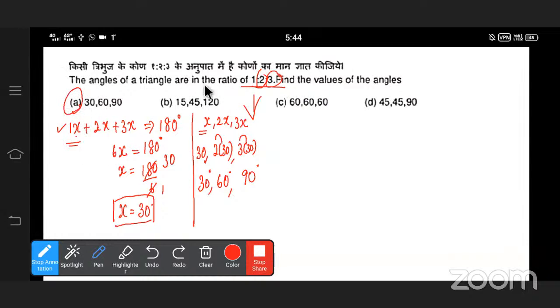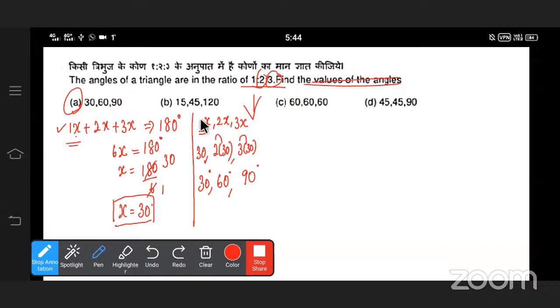Okay, they gave the numbers in the ratio. I'm putting x plus 2x plus 3x because the sum of the angles of a triangle is 180. When I add these numbers, I got 6x, because 1 plus 2, 3, 3 plus 3, 6. So 6x equal to 180. Therefore x equal to 180 divided by 6, I got 30. They are asking about all the angles.